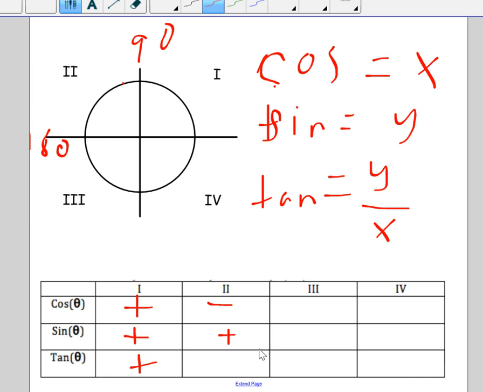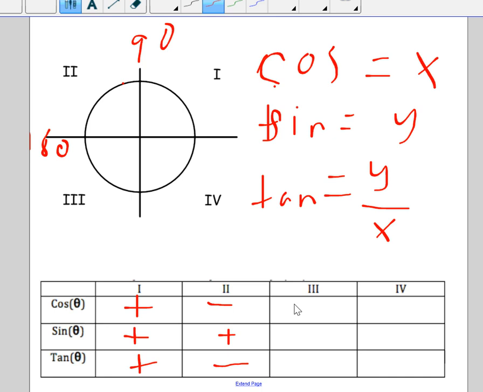What do you think tangent will be, negative or positive? It's going to be negative because tangent is y divided by x, a positive divided by a negative, which gives you a negative.